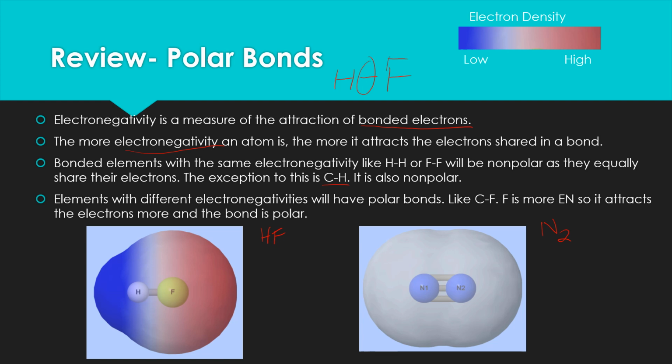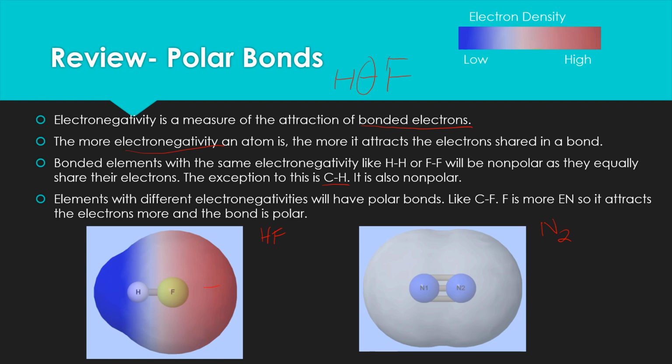Well, on our HF molecule, we can see the red side where we have high electron density is towards fluorine. So that means fluorine has more electrons attracted to it. It's more electronegative, and hydrogen has that low electron density. So that means it's a more positive end of our molecule.